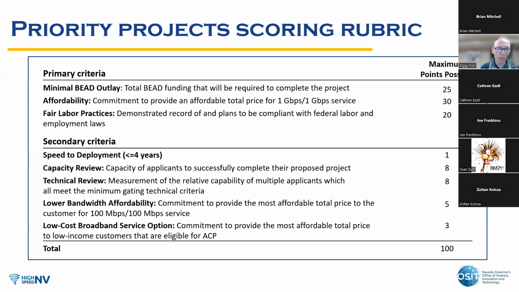And this is connected with ACP, the Affordable Connectivity Program of the federal government. And of course, as you know, it's closed for applicants, and without additional funding will not survive. But this also relates to a commitment to successor programs to the ACP, should there be some in the future.